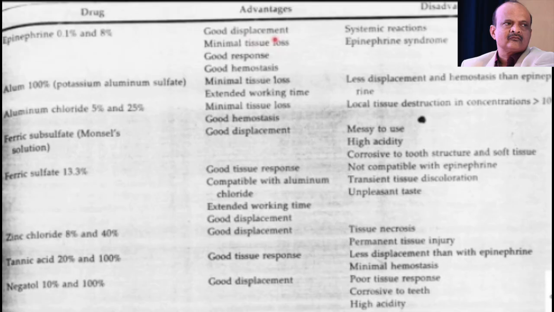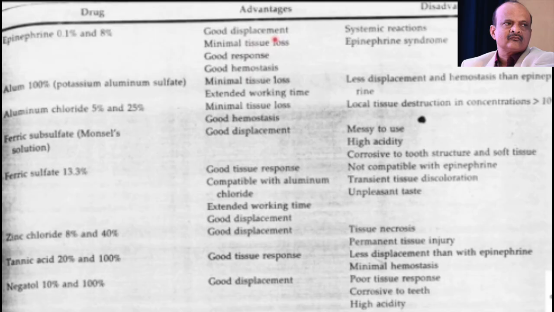Commonly, to summarize, epinephrine has good displacement and the advantage of minimal tissue loss, but it has the disadvantage of systemic reactions or epinephrine syndrome if there is a sulcus injury or excessive absorption.